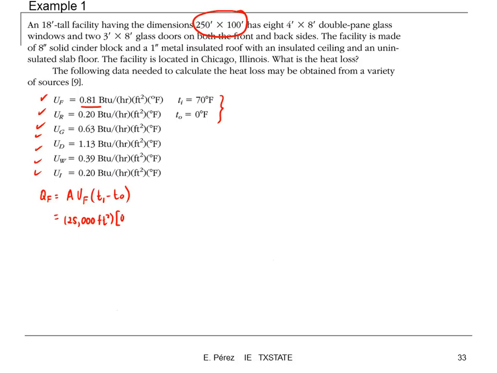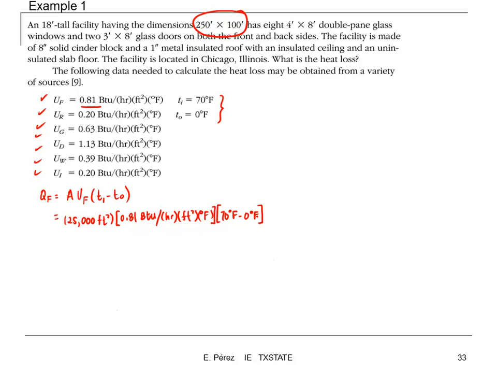So that's 0.81 BTU per hour feet squared Fahrenheit, times 70 minus 0 Fahrenheit, which is the temperature difference in this particular area.